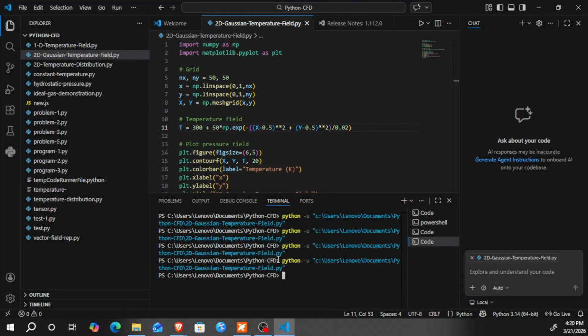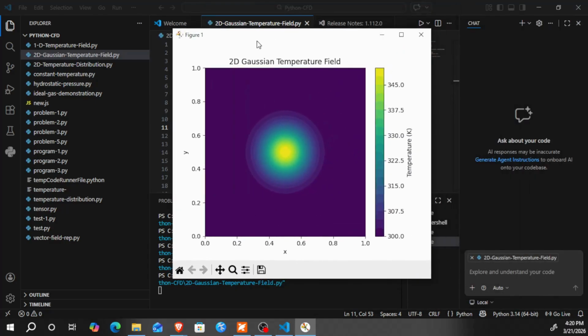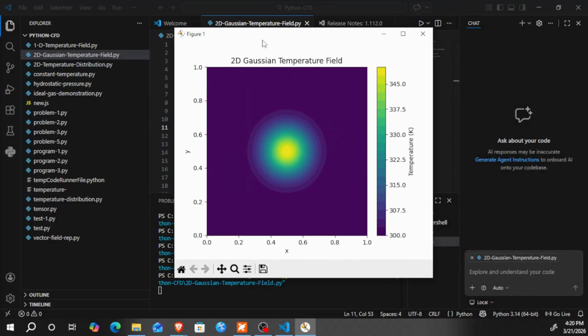Those who remember our last lecture, I wrote a program to visualize the temperature field using the Gaussian model. If I run the program, I can show you that it successfully visualizes the temperature field.